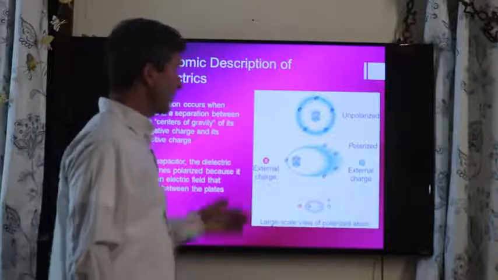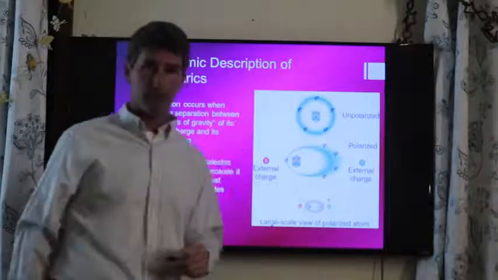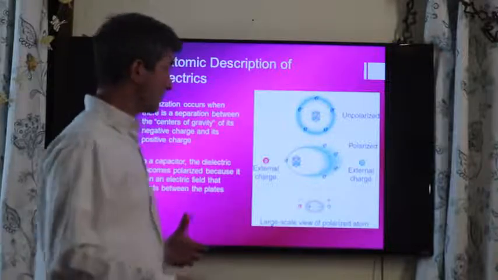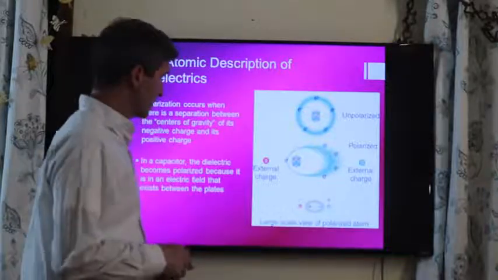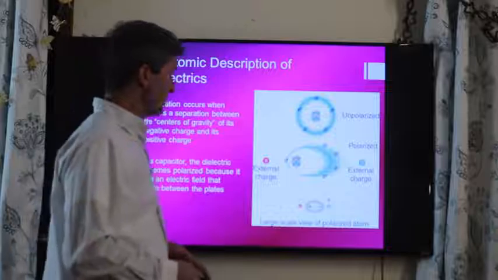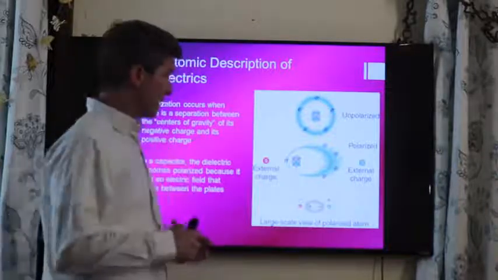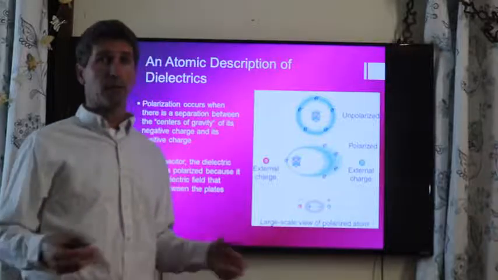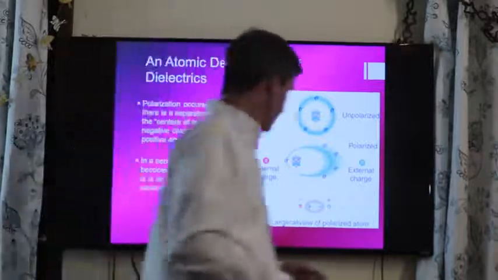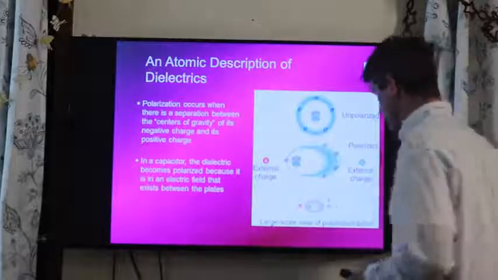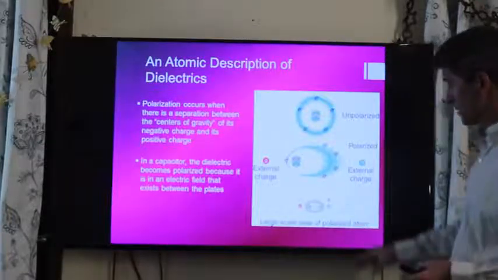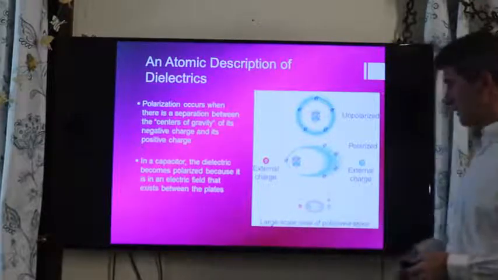Well, if you think about a normal atom as having a nucleus which is positive surrounded by electrons, when we place this in an electric field, the electrons begin to stretch and the molecule becomes polarized. So we typically model these polarized molecules as having a positive end and a negative end.